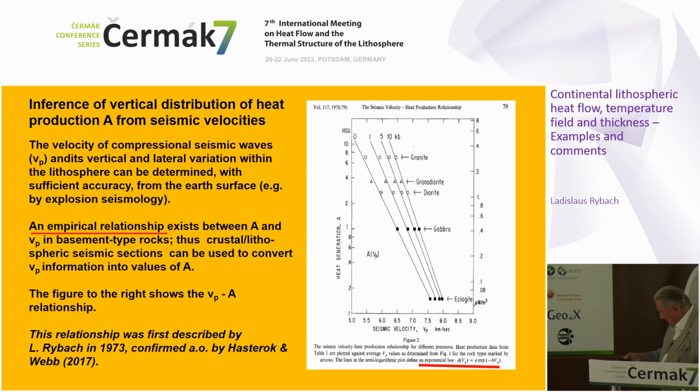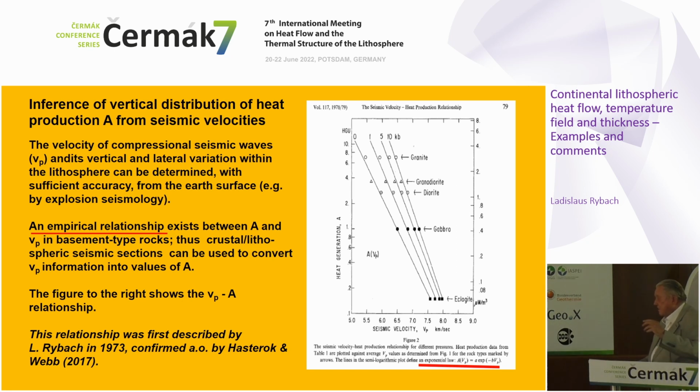And this empirical relationship I was fortunate to develop in 1973. And I'm very sorry that the next plenary speaker, Derek Ashworth, is not here, because he confirmed in a paper with his colleague Webb this empirical relationship with thousands of measured data.